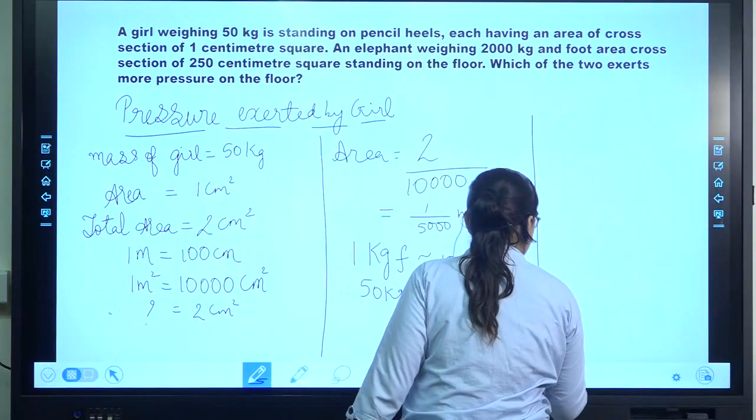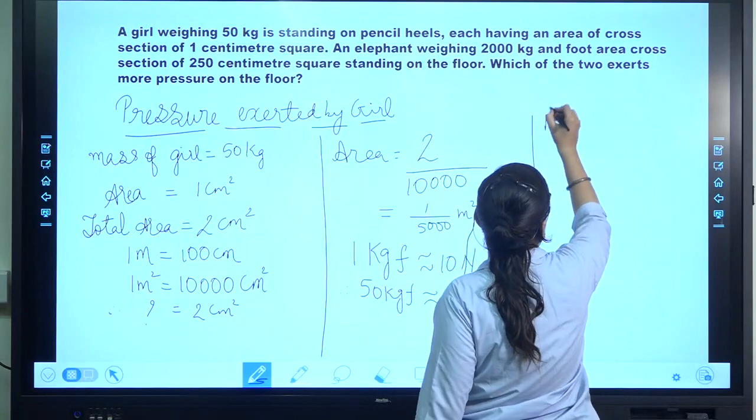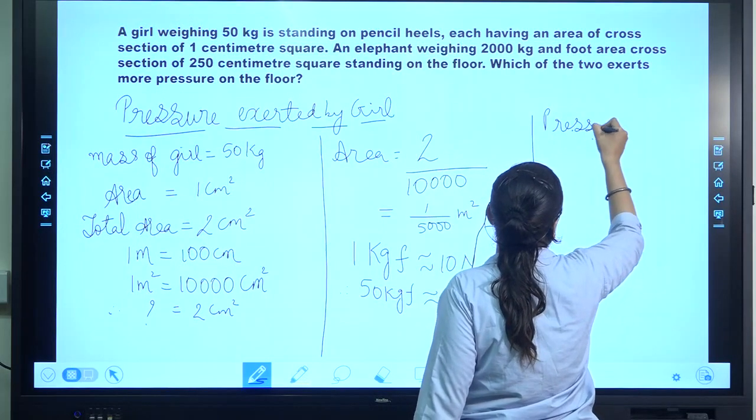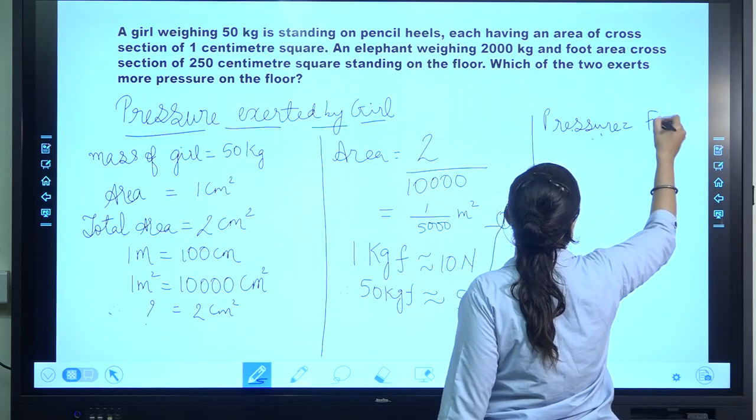Coming to the main formula, pressure is equal to force upon area.